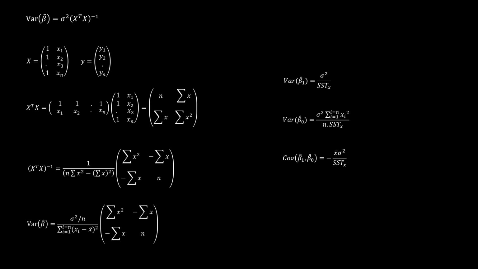Unpacking the matrix, we get the individual variance for the beta estimates, as well as the covariance between the beta estimates. SSTX is the shorthand for sum of total squares in x, which is the term in the denominator.